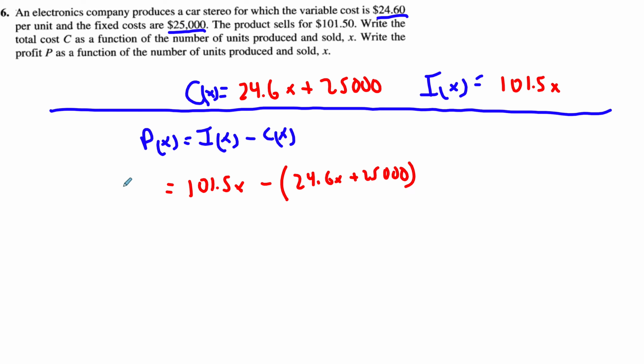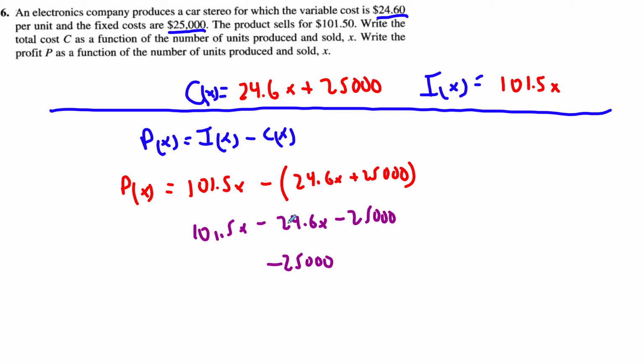So when I'm subtracting this, I get 101.5x minus 24.6x minus 25,000. No like term there, minus 25,000.